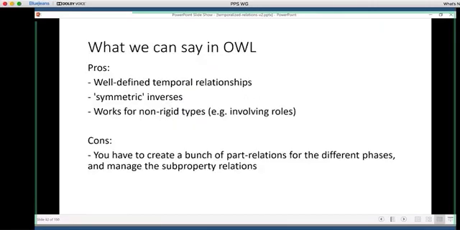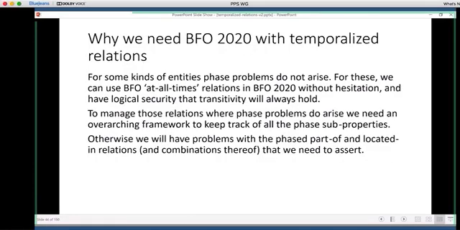And now the conclusion. Why do we need BFO 2020 with temporalized relations? Phase problems only arise for certain kinds of entities. And for those kinds of entities, we can use the at all times relations in any case without hesitation. This is true for all of the at all times relations apart from parthood and location at, because for the other ones, transitivity does not arise.